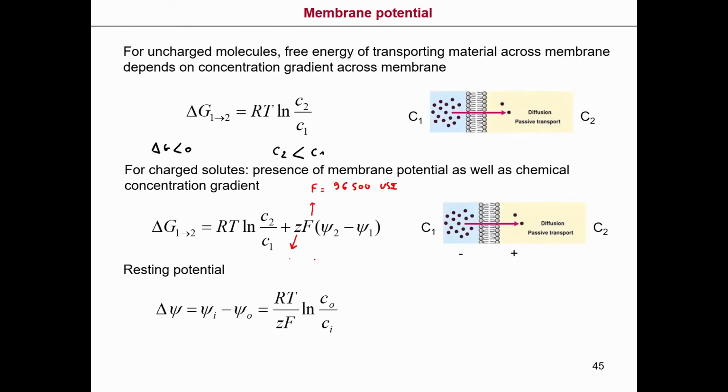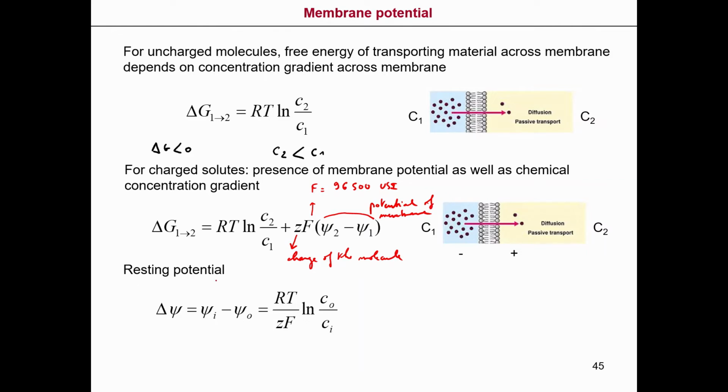So if it's positive, it's +1, for example, and if it's negative, if you have an anion, you will have a negative Z. And this is the potential of the membrane. The potential of the membrane is because you have a difference in the charge between the outside and the inside monolayer, because you can have positive charge on the outside and negative charge on the inside. So you will have a membrane potential.